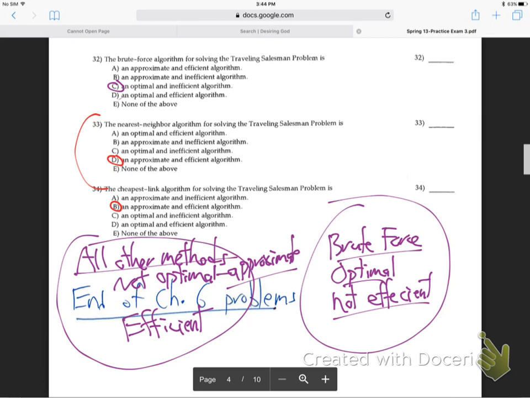All the other methods are approximate and efficient. They're not exactly right. Those should be free points, right? Have that on your 3x5 card. Get your free points on that.